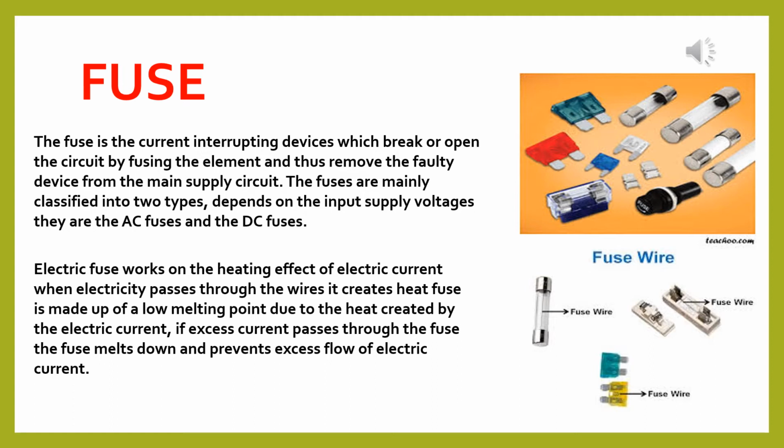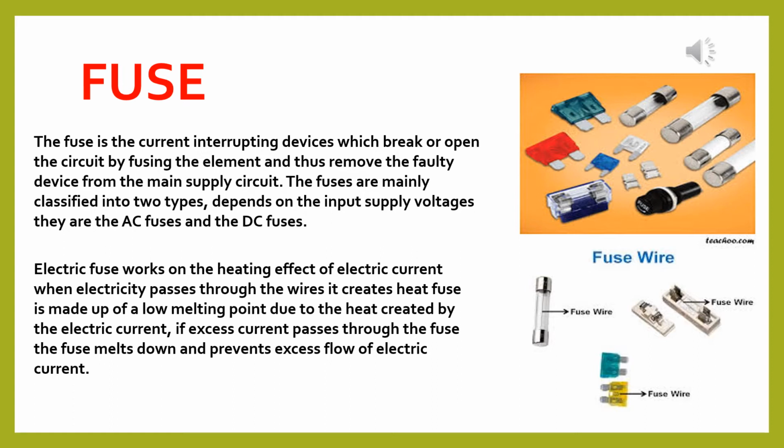If the wire melts due to excessive heating, a new wire is connected again. A fuse wire is always connected to the live wire. So a fuse is a current interrupting device which opens the circuit by fusing the element and thus removes the faulty device from the main supply circuit.